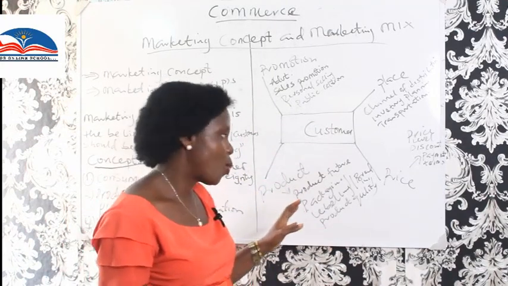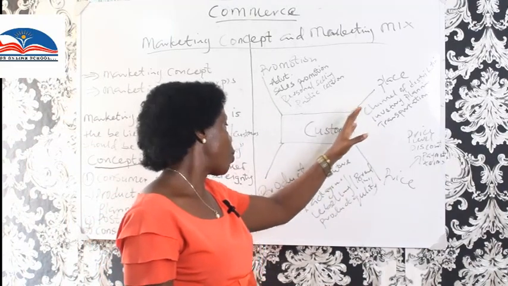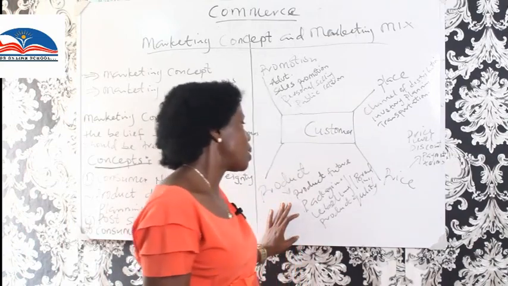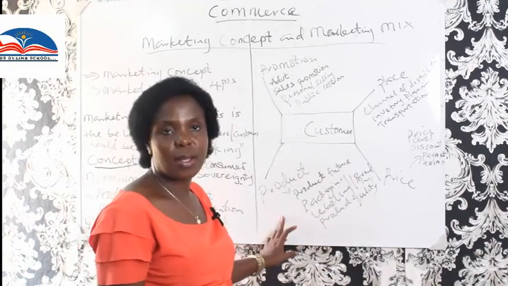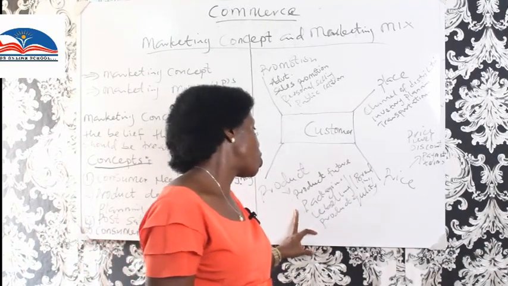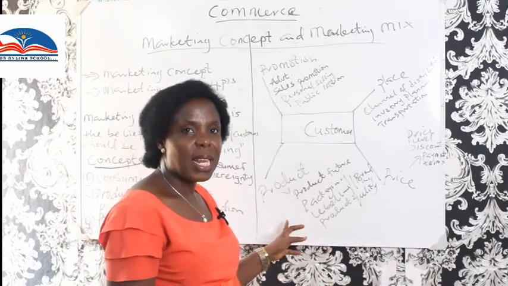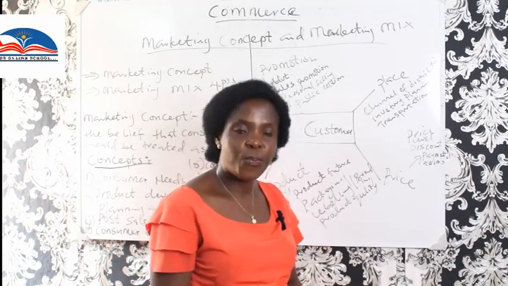Now let's look at number 1, which I will tag as the product. Because once you bring in the product, you are going to look at the features and characteristics of the product. What is the packaging of this product? What is the labeling? What's the branding? And what is the product quality?